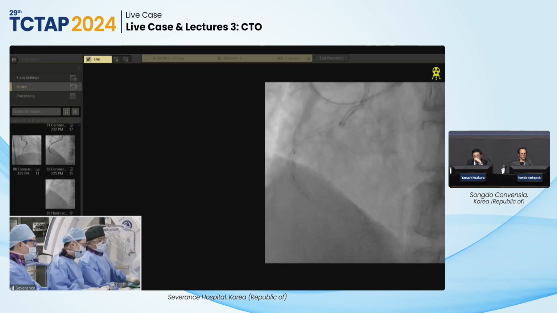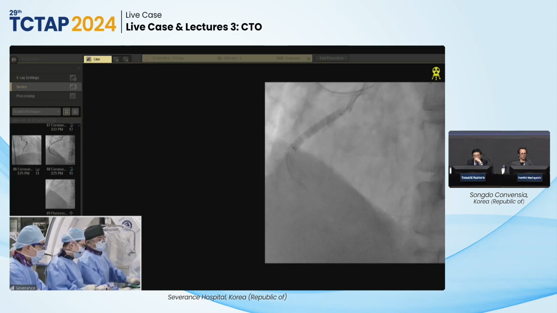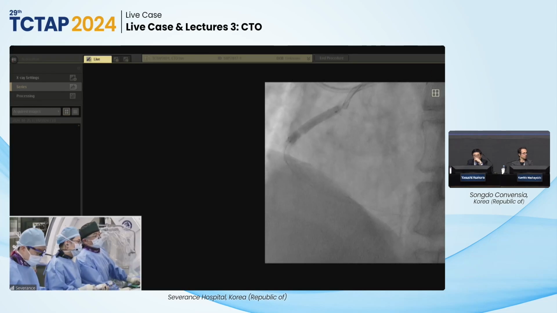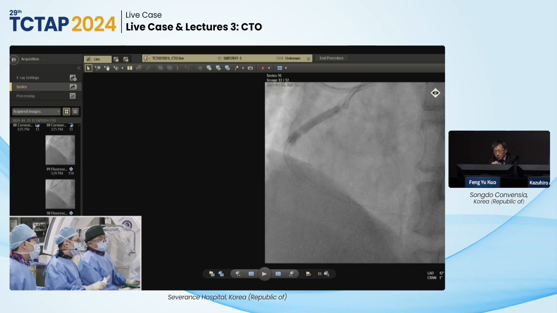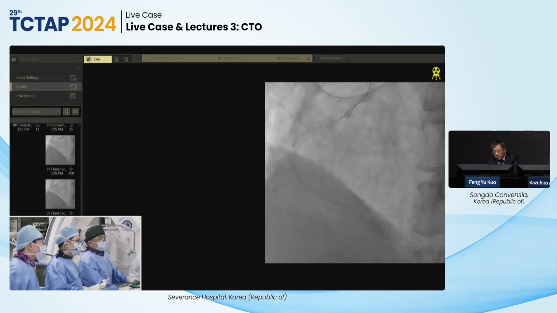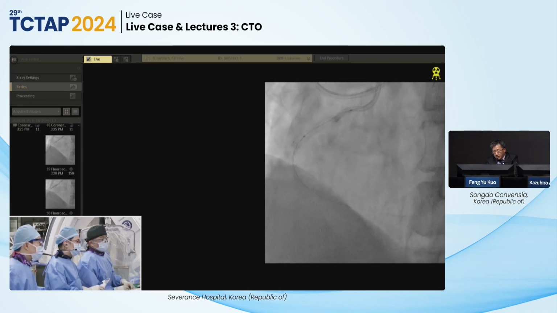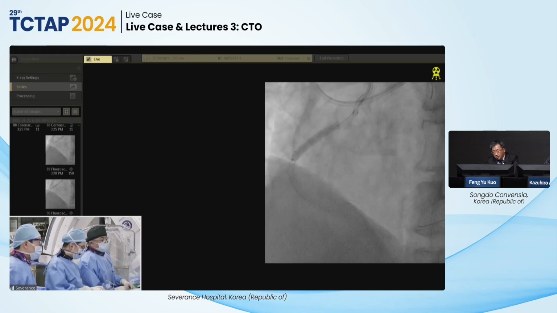Dr. King? Yep. Excuse me, this is Dr. Go speaking from Taiwan. Did you consider the jailed balloon technique in an important side branch to protect the side branch? Because we know from the published data that a jailed wire is not as good as the jailed balloon technique in protecting the side branch. If you meet a major side branch, will you consider the jailed balloon technique?